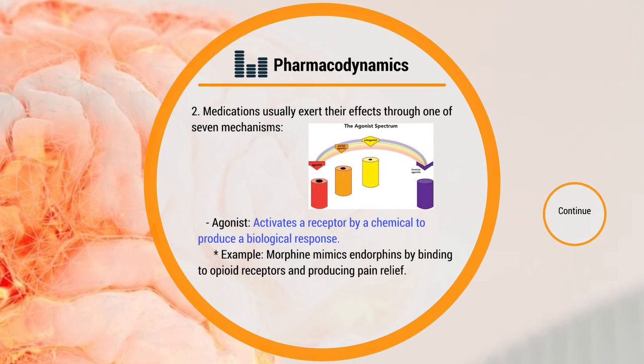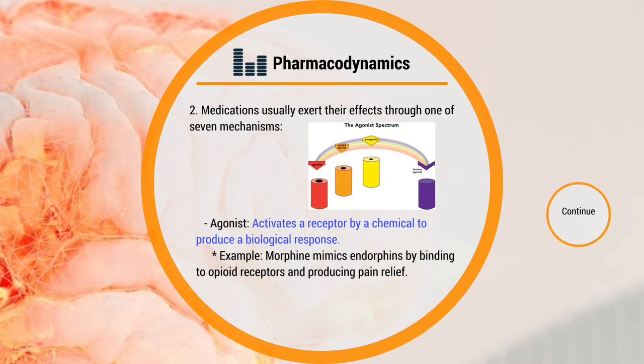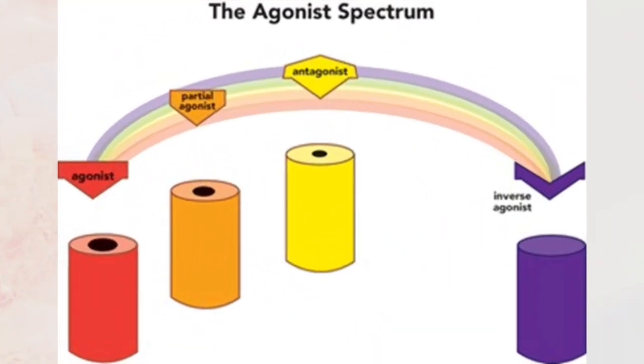Now, pharmacodynamics: medications usually exert their effect through one of seven mechanisms. I want you to focus specifically on the agonism spectrum here. It's the agonist on one end and the inverse agonist on the other.